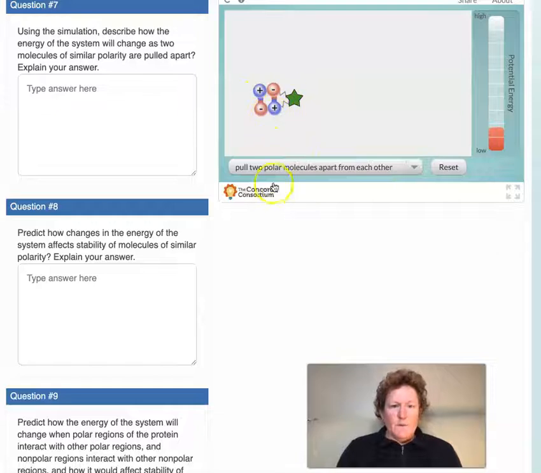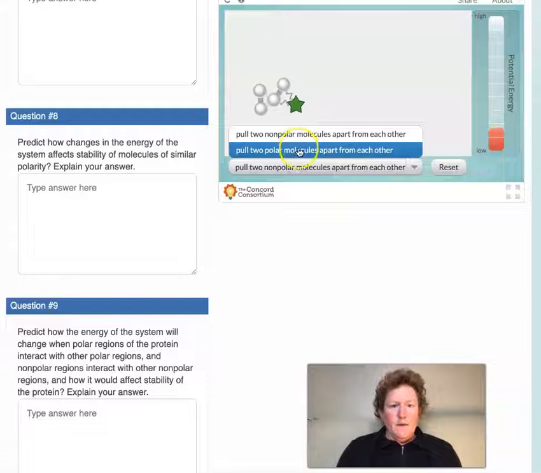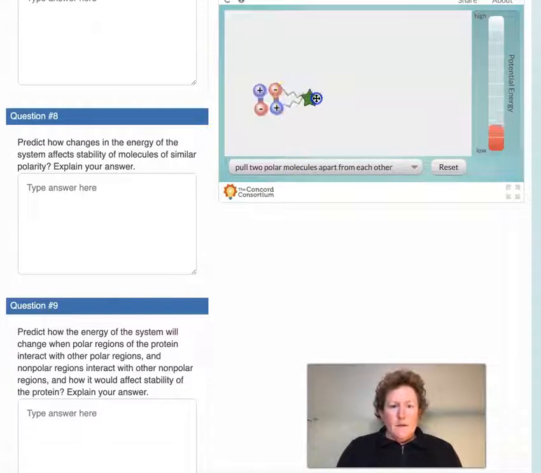So this is polar. Let's look at nonpolar. Pull apart the nonpolar ones, and they'll get back together, but it's a little bit slower. We know that there's a little bit less potential energy here than there is here. And those are going to go boom, right back together.